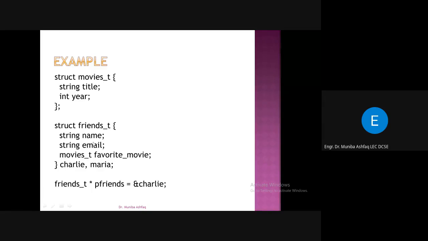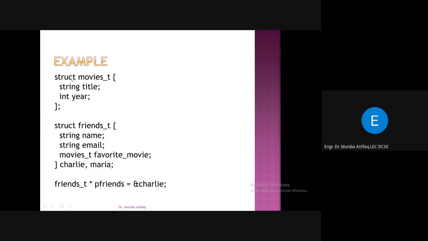Now these are the same as we did in the previous example. What's the difference here? I created an object favorite_movie whose data type is the structure movies_t.